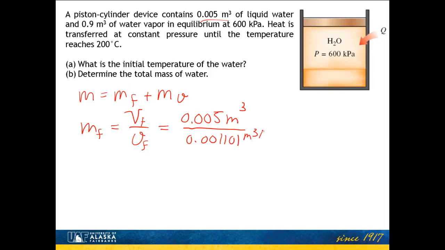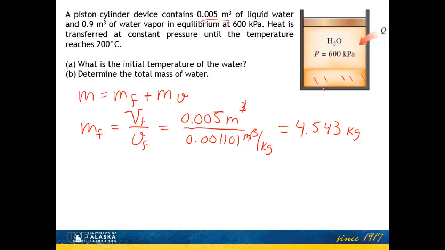The units of that are meters cubed per kilogram. My meters cubed will cancel, and kilograms will come up into the numerator, and I have a value of 4.543 kilograms. So that's the mass of the liquid.